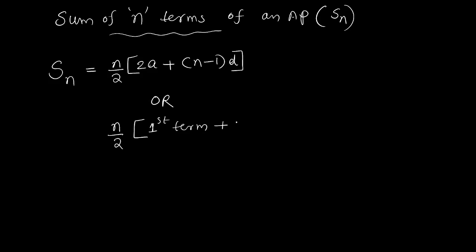I mean A plus An. But you memorize in this way, that is convenient. So the another formula for finding the sum of first n terms will be n by 2 into first term plus last term. So all of you please write down this formula.